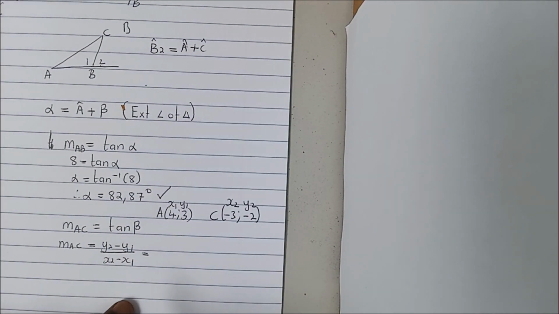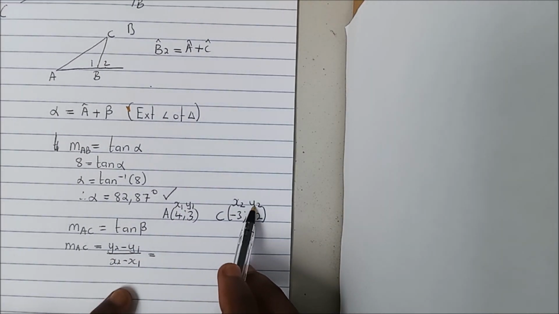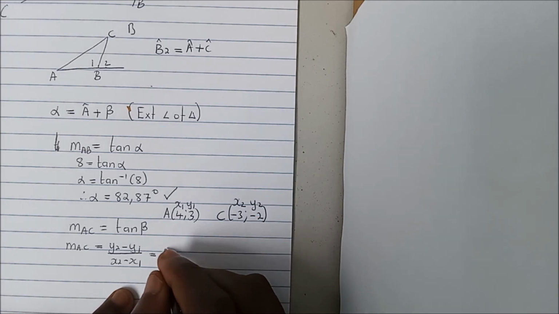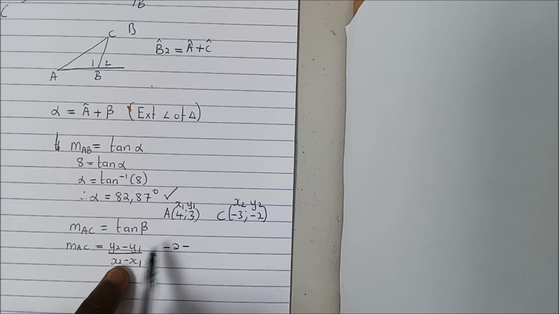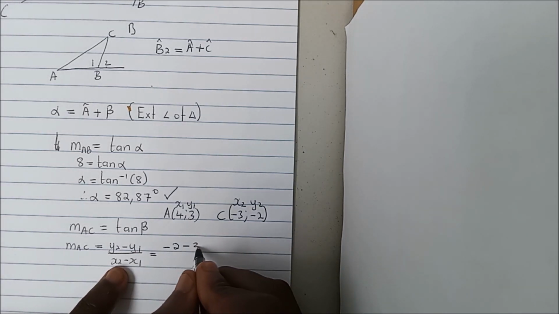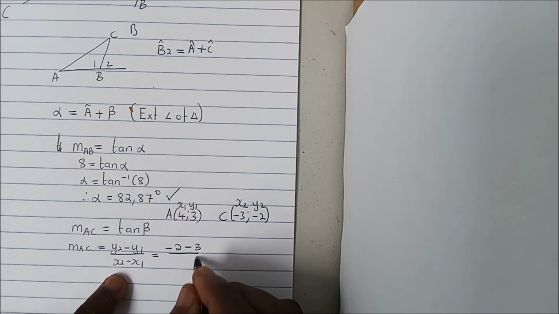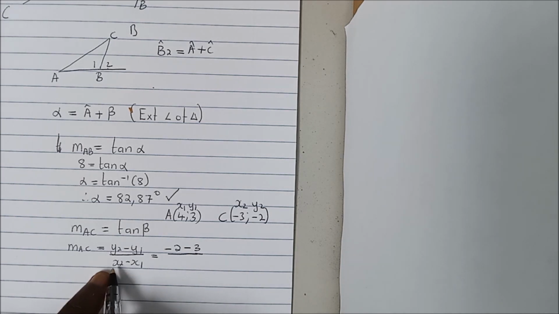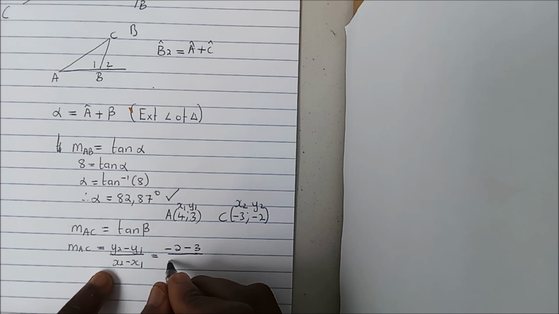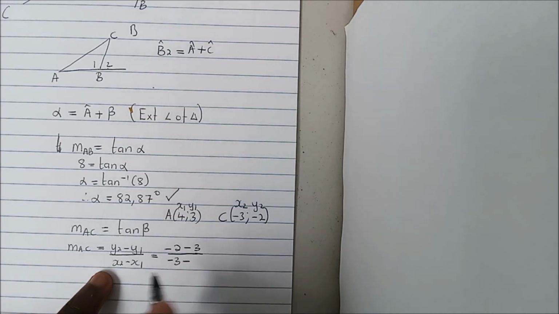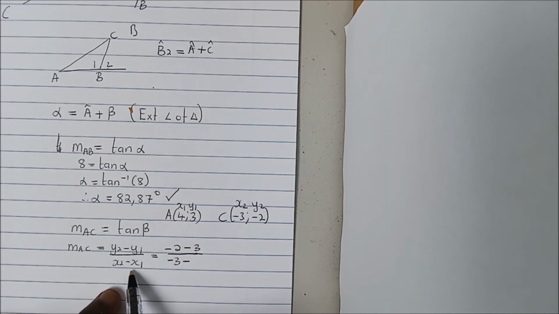So now finding the gradient, what's going to be your y2? Y2 is going to be -2 minus, and then what's going to be our y1? That's going to be 3, over, and then what's going to be our x2? Our x2 is going to be -3. So we will have -3 minus, and then what's going to be our x1?